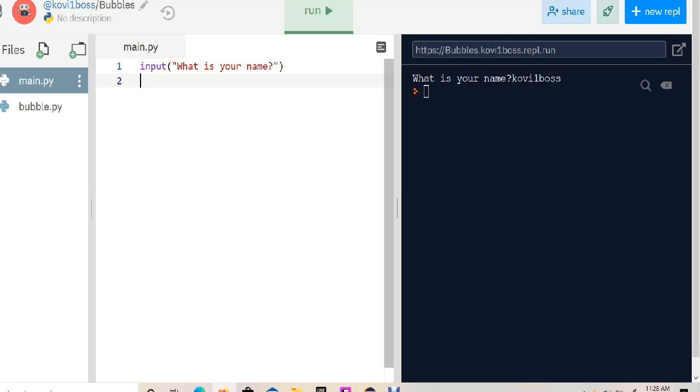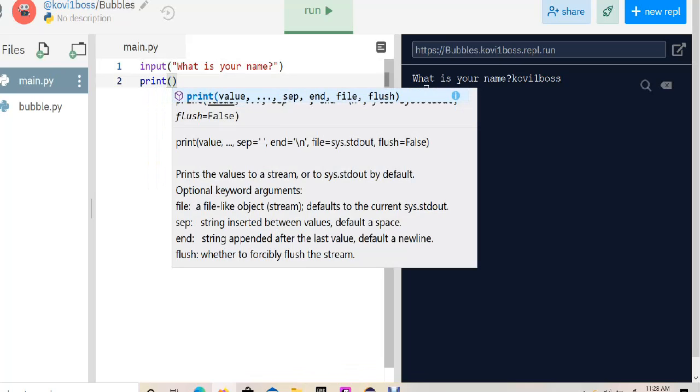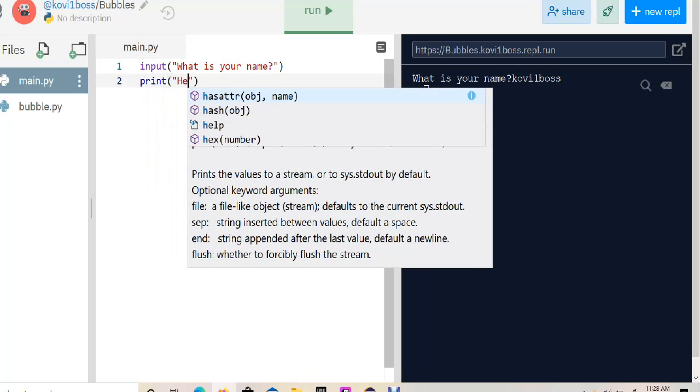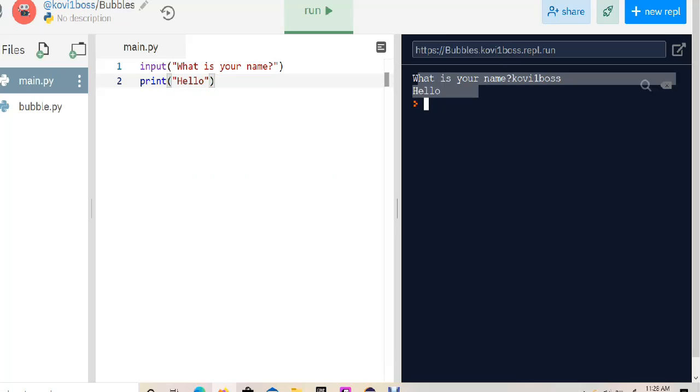Next, if you just did that, then you can also do print hello. So what would this do? Well, what this would do is I would put in my name, and then they would say hello. It's that easy. So that is how you use inputs and print statements.